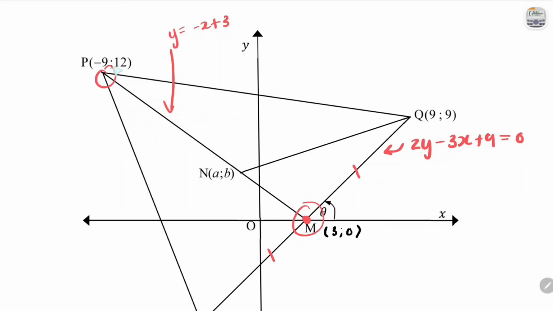If it is collinear, then it means that it lies on this same line. And the equation of this line is negative x plus 3. So substitute this point, the x and the y value, into this equation so that you can find the y value. And it will be in terms of A. Okay, so we're just going to take N, which is A and B, and substitute it into this equation.